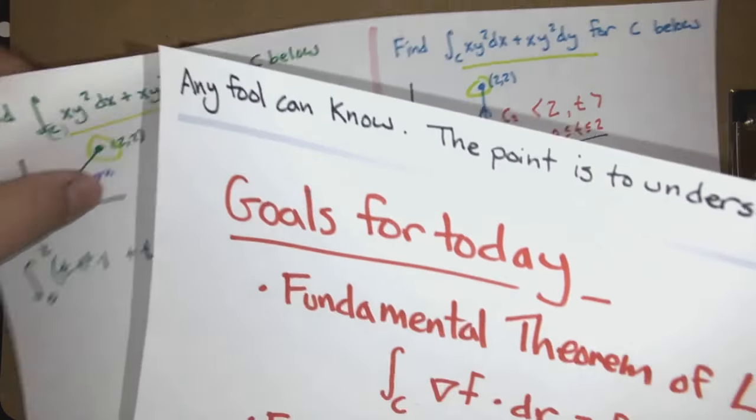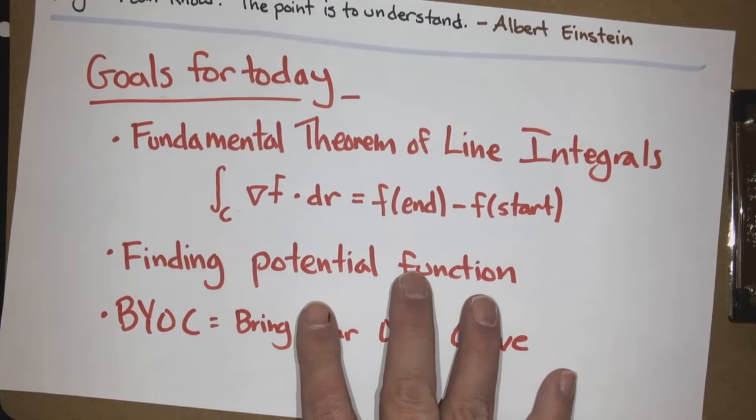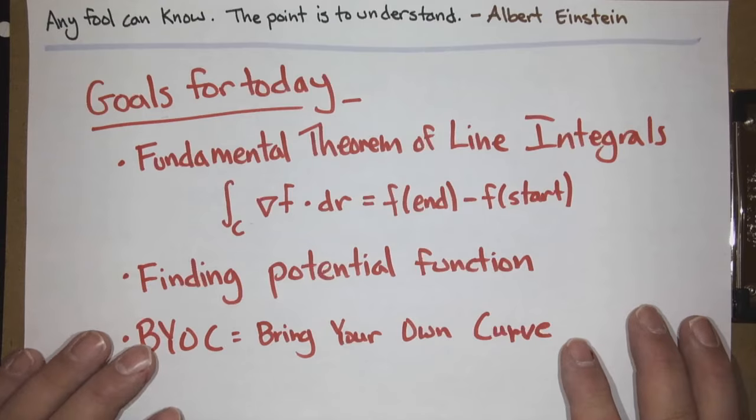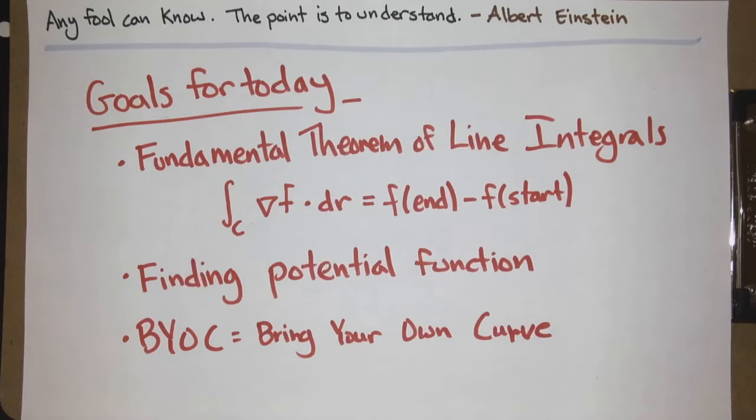All right, so with that out of the way, a quick thought for the day from Albert Einstein: Any fool can know, the point is to understand. This gets back to, what does it mean to have knowledge? Some people think it's an on-off switch. You know something, or you don't know something. But knowledge is a spectrum, if you will.